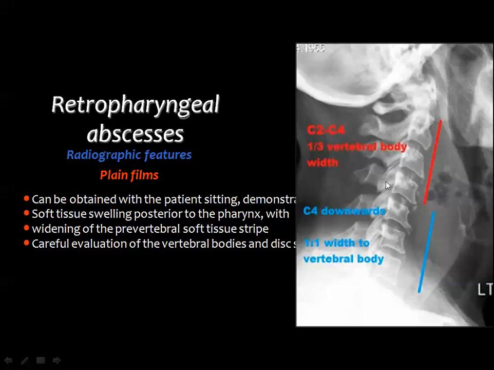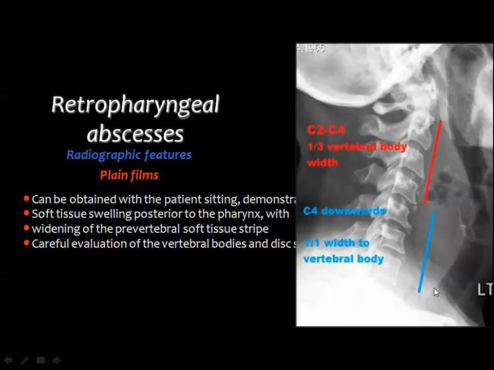Usually, you know that the prevertebral soft tissue shadow opposite the upper cervical vertebrae from C2 down to C4 should not exceed one third of the vertebral body width, and the prevertebral soft tissue shadow opposite the lower cervical vertebrae should not exceed the width of the cervical vertebral body.